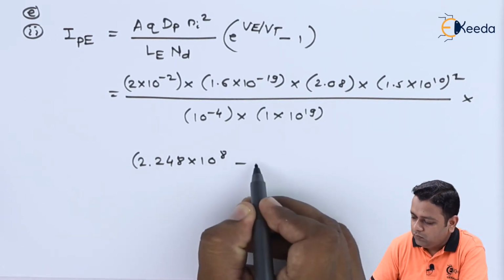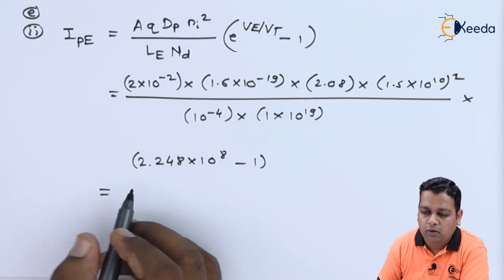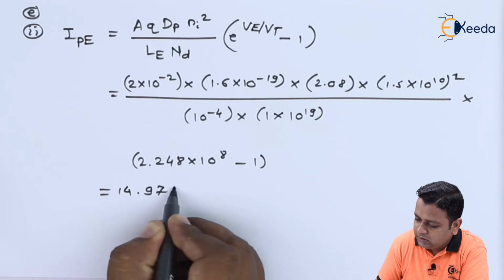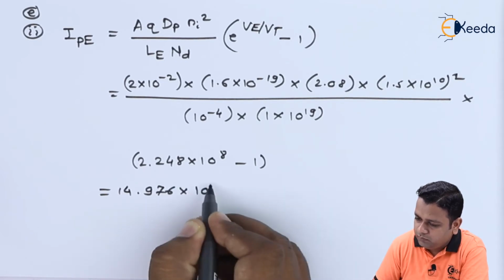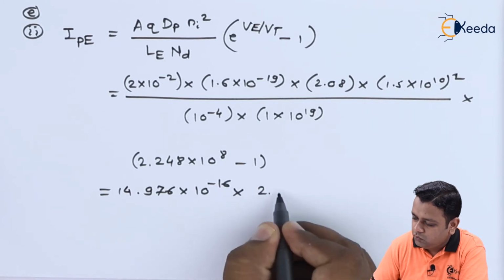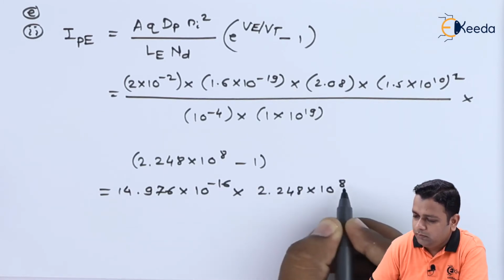Here we subtract 1 from this, so this simplifies to the step of 14.976 into 10 raised to power minus 16 in multiplication to 2.248 into 10 raised to power plus 8.